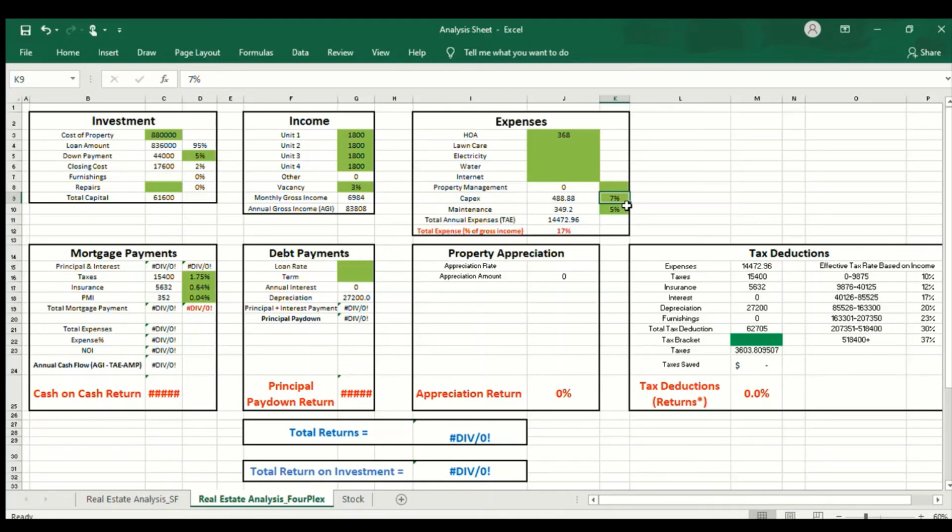So I'm going to leave that at 7%. The loan rate is still going to be the same because you're purchasing a 4 unit apartment complex, and you're still going to be living in one of them. So it's still considered house hacking, and you can qualify for a low interest rate.